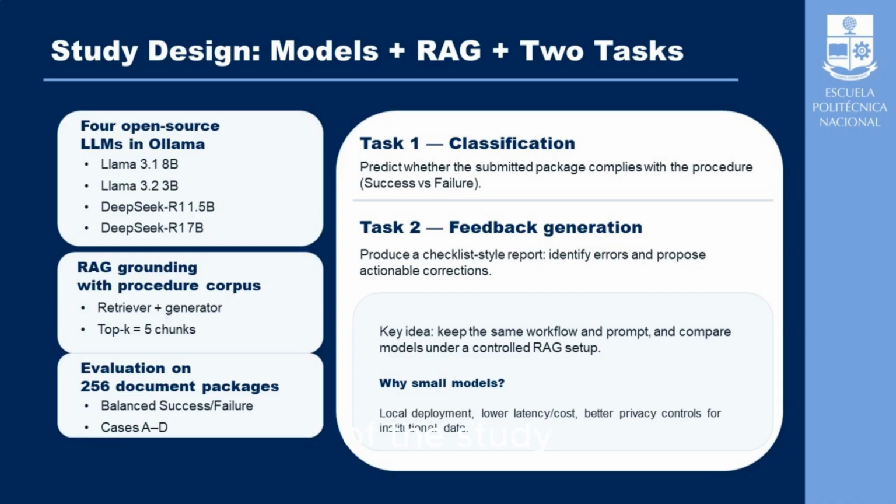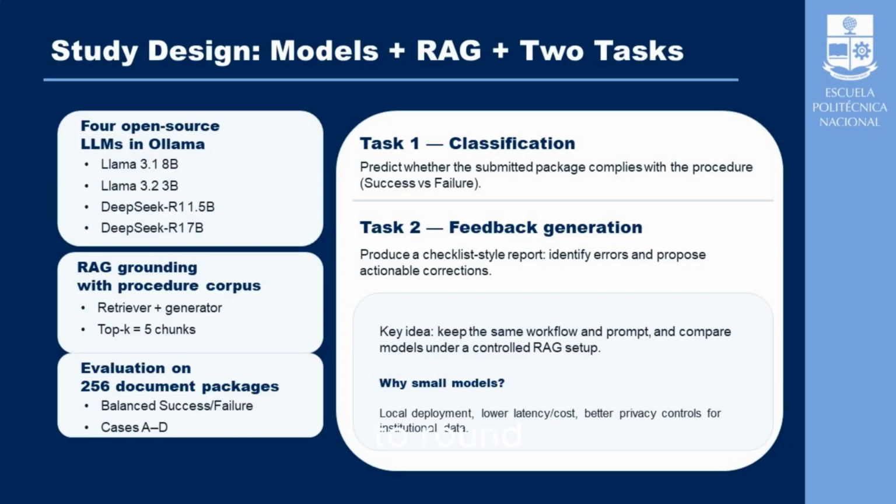The contribution of the study is a comparison and benchmark. Four open source LLMs are evaluated under the same retrieval augmented generation pipeline. The models are 2 Llama variants with 8 and 3 billion parameters, and 2 DeepSeek R1 variants with 1.5 billion and 7 billion parameters.